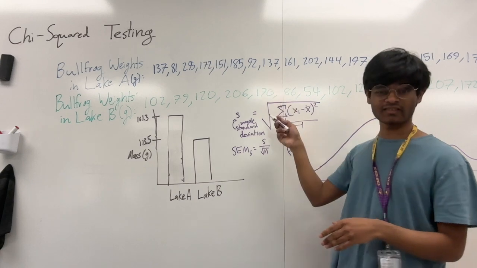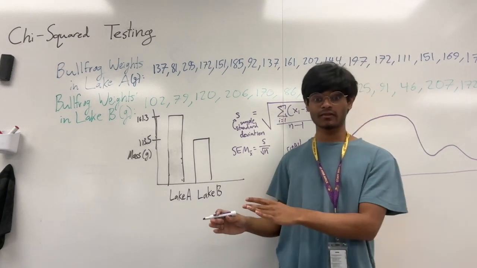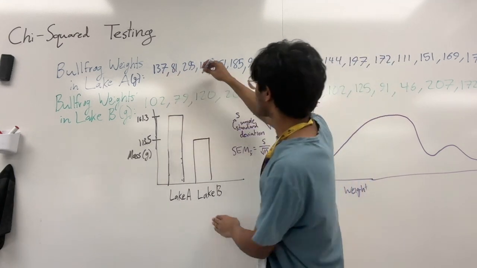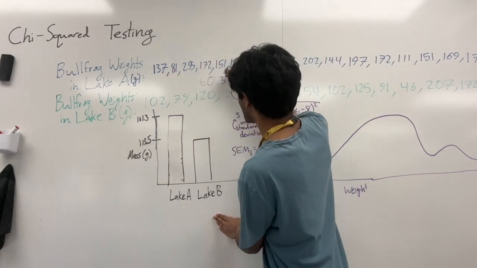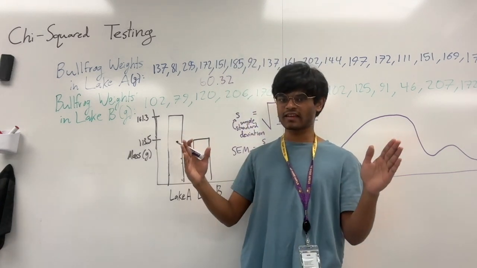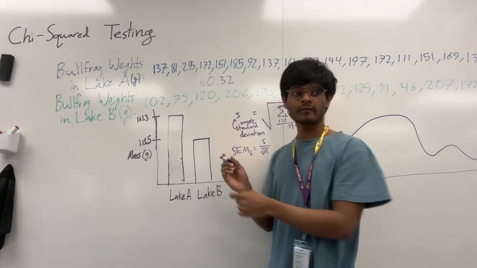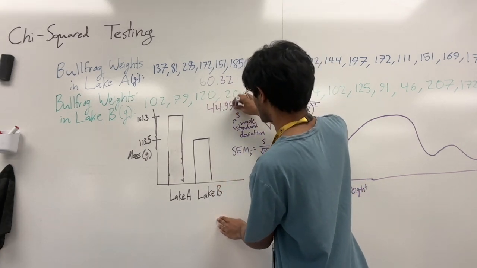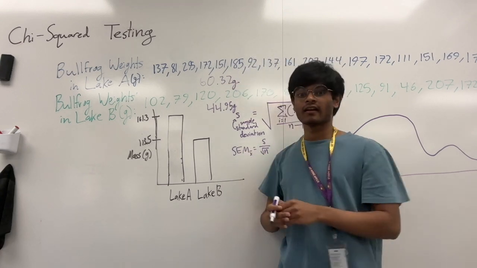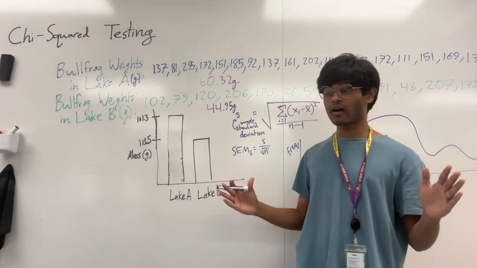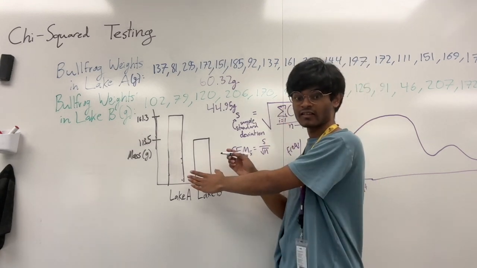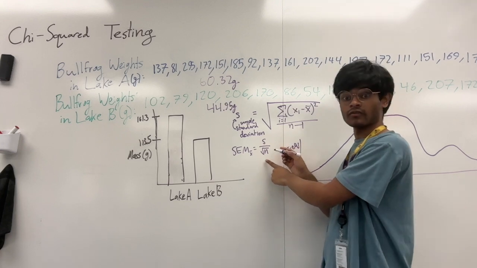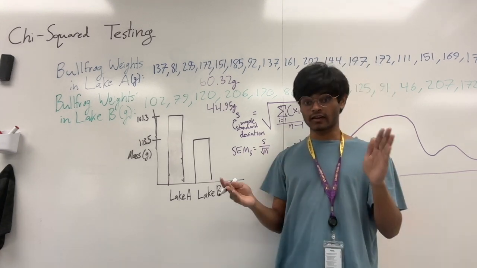For these particular data sets, for those first 10 samples, the standard deviation for the bullfrog weights in Lake A were about 60.32. Describes that spread of the data. For those in Lake B, it's about 44.95. These are both in grams. As I sampled 10 frogs from each of these to get these means, I take my standard deviations that I got, divide them by the square root of 10, and that gets me my standard errors.